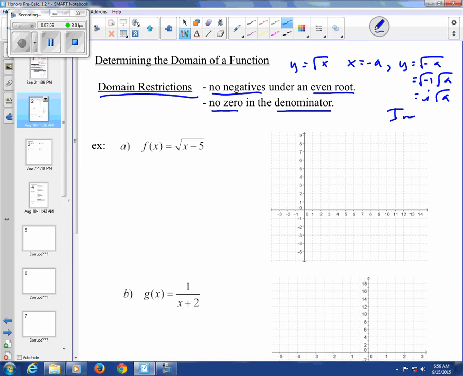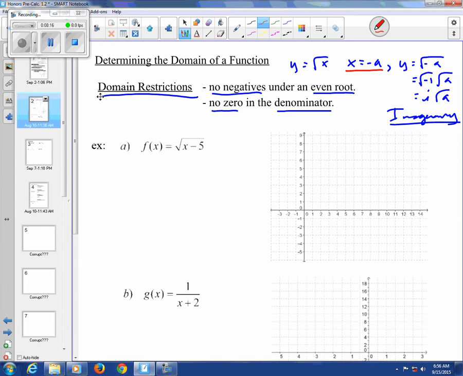And this is an imaginary number, which is not a real number. So right here, a square root is not able to evaluate a negative real number and give us a real number output.